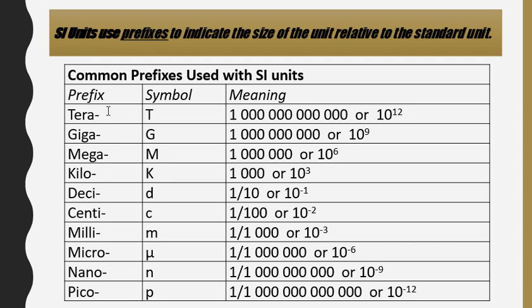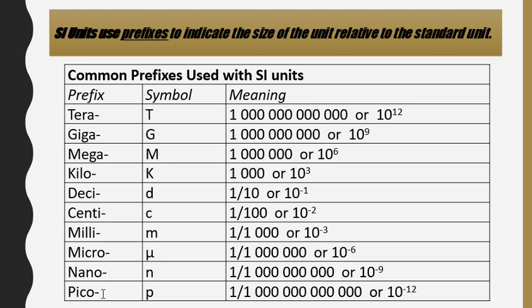Prefixes are usually Latin words. Here is the list of the prefixes with the symbol, and then the meaning, or their equivalent, in grams for example. We have tera, giga, mega, kilo, deci, centi, milli, micro, nano, and pico.